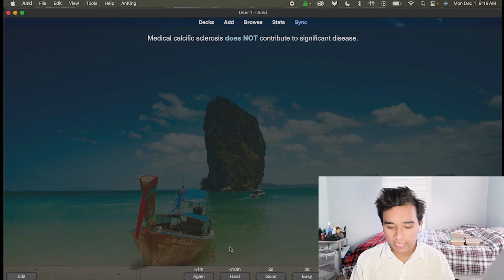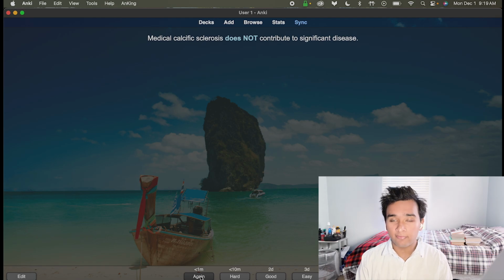Now, if you look, when I click on the next button, it shows again, hard, good, and easy. I've learned this method from high scorers and from myself as well, and I found very good effectiveness with it. Essentially, you want to always be clicking again until you get the card right. So for example, my cursor will be hovering over the again button as I do my cards.